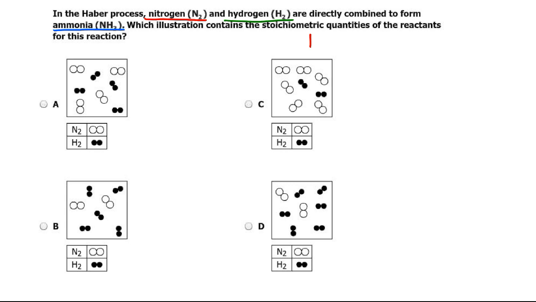So nitrogen, with some unknown stoichiometric quantity, is combined with hydrogen and some other unknown stoichiometric quantity, N2 plus H2, to yield ammonia, which is NH3. Not to be confused with ammonium. Sometimes if I'm talking fast, I will say the wrong one, but make sure you know the difference when you're thinking more slowly and carefully.